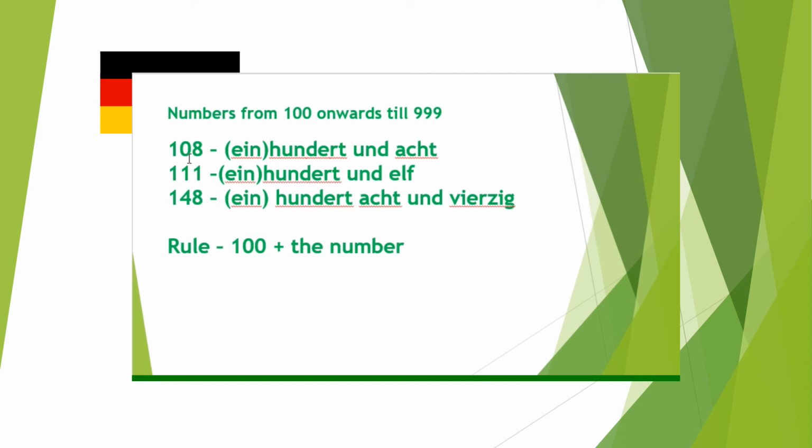In 108, 100 comes first, then the number. In 148, first is 100, hundert, and then 48. As we have learned in earlier slides, 48 is acht und vierzig, so 8 comes first, then 40.